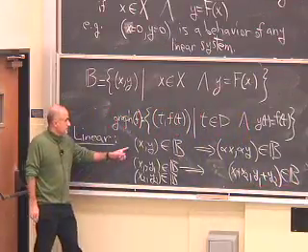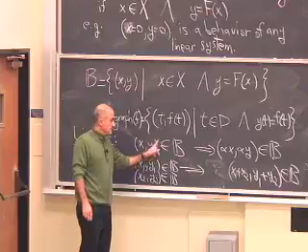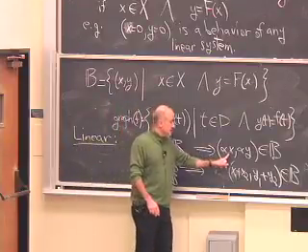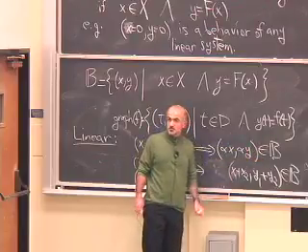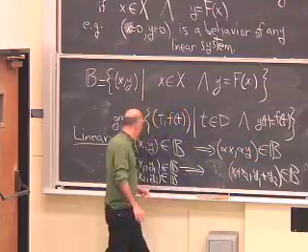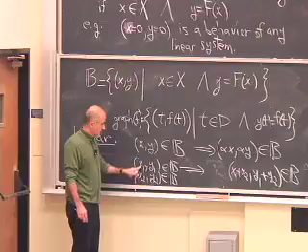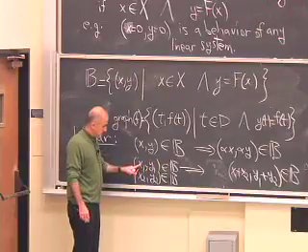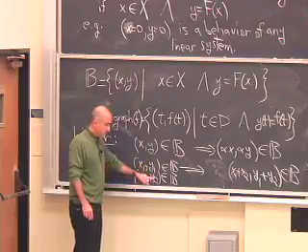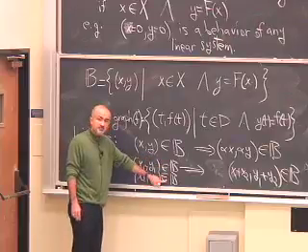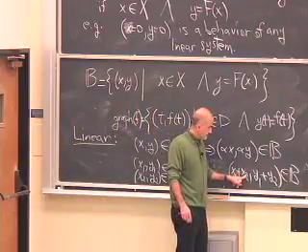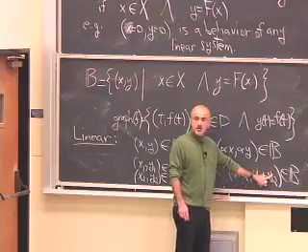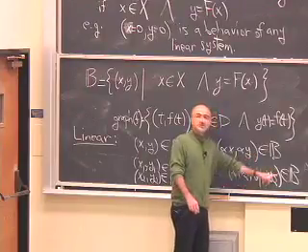Right? So if you take any input-output signal that's a behavior of the system, you scale the input signal, and you scale the output signal, you get another behavior of the system. And if you take any two input-output pairs, x1, y1, and x2, y2, which are behaviors of the system, then if you add x1 and x2, and correspondingly add y1 and y2, you get another behavior of the system.